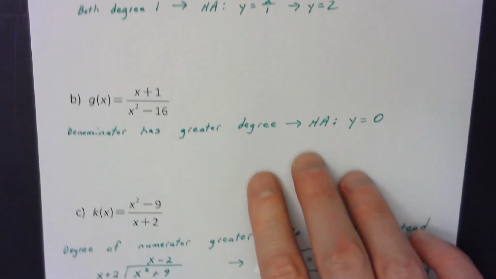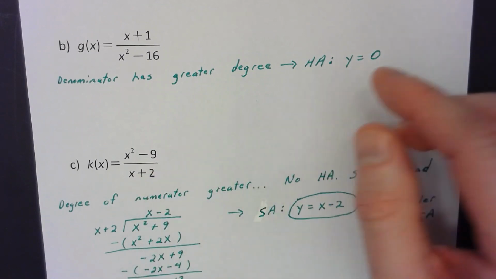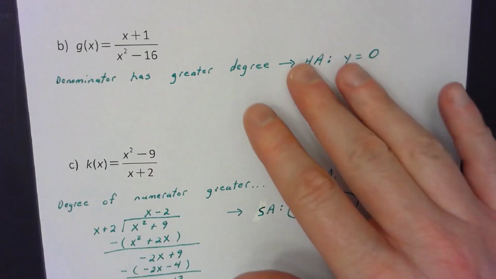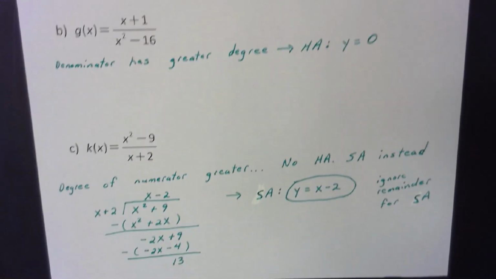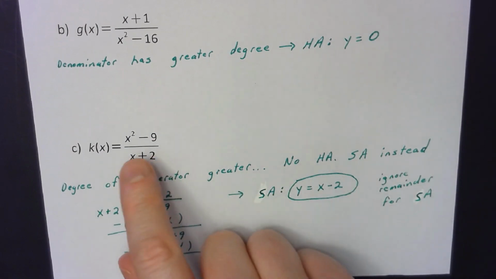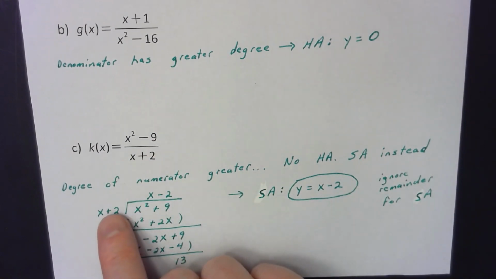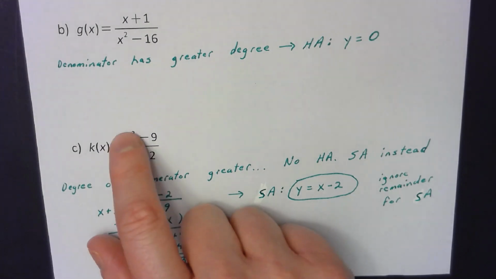Now the last one, this is our case 3 from the previous page. When I'm looking at this one, I can say, well, now I know that the degree of the numerator is greater than the denominator. Every time that happens, I'm going to have to use either long division or synthetic division to find out what the slant asymptote is. So x squared over x, I said numerator's greater degree.